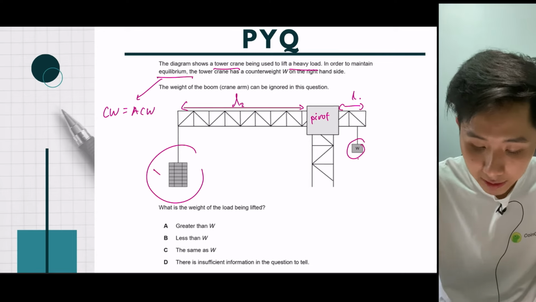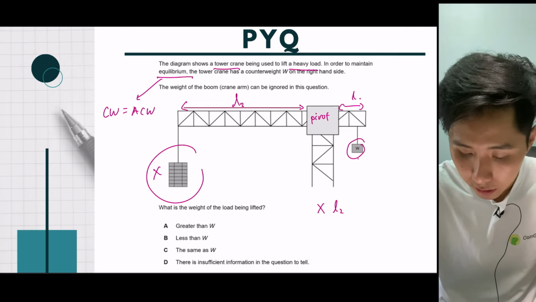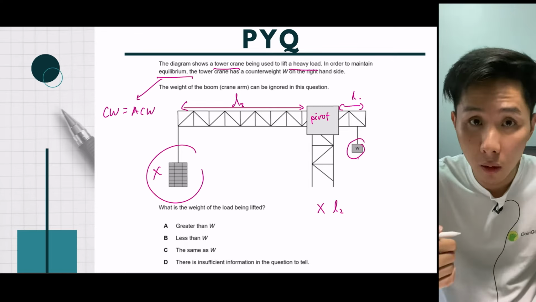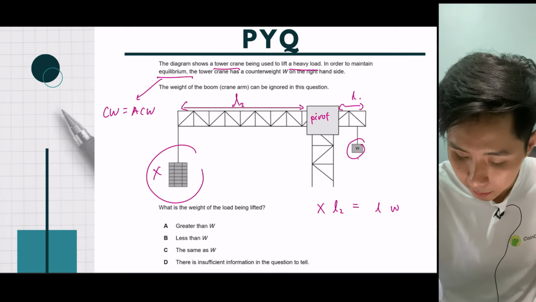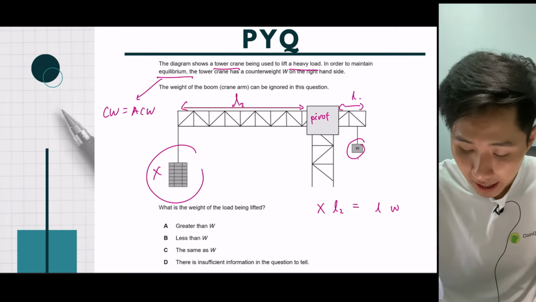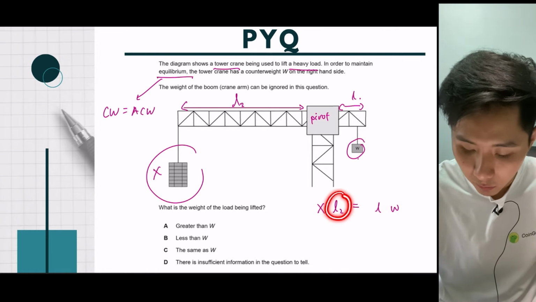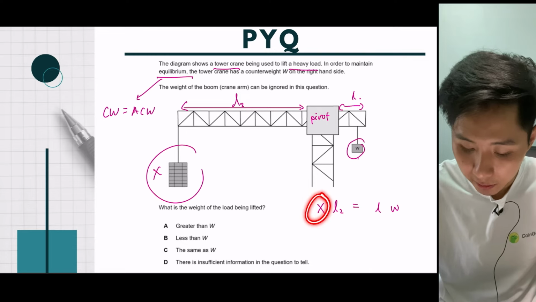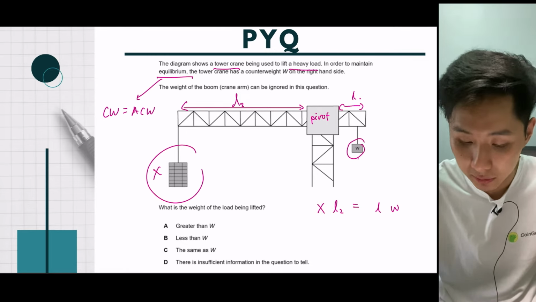So if we were to write this equation, let's call the load's weight X. X multiplied by L2, the anti-clockwise moment, is going to be equal to L times W, and this is the counterweight. They're asking what should X be? Should it be greater than W or should it be smaller than W?